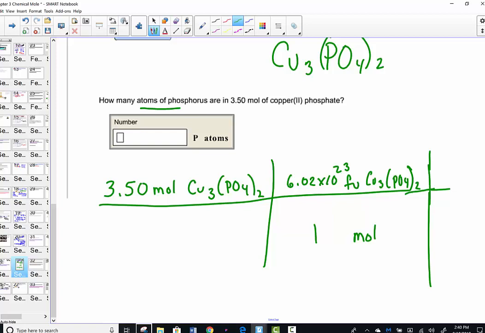Cu3, PO4 taken twice. I accidentally carried a 3. There are 2 phosphorus atoms per formula unit. So again, just to practice with what I call a vocab mismatch to let you trigger, oh, this will need a next step before I'm done. 3.5 times Avogadro times 2 solves the problem.